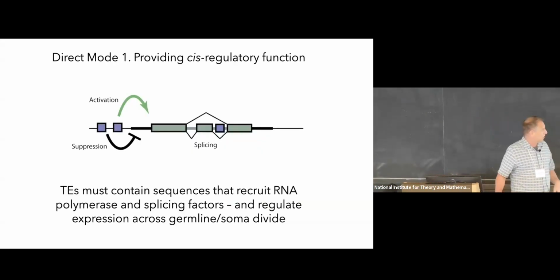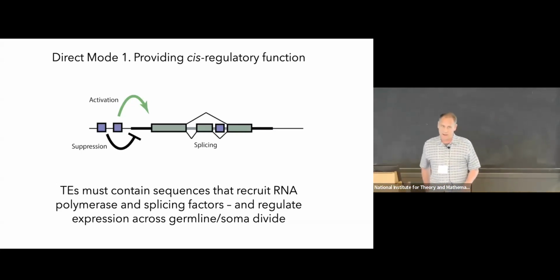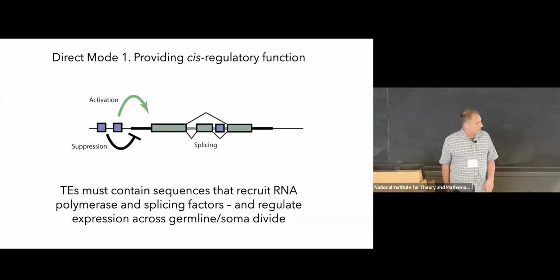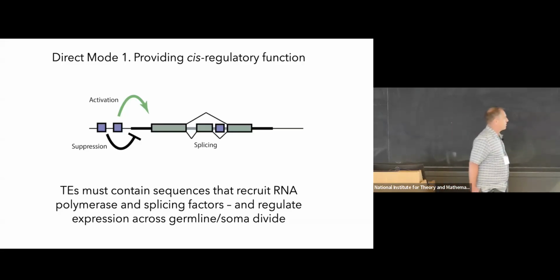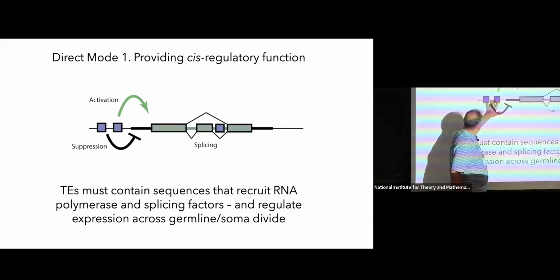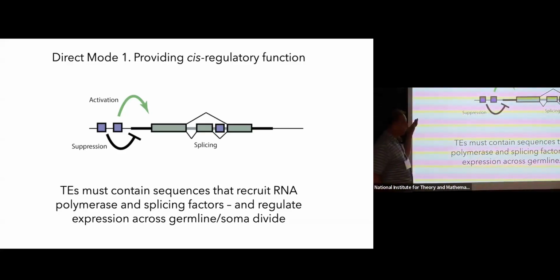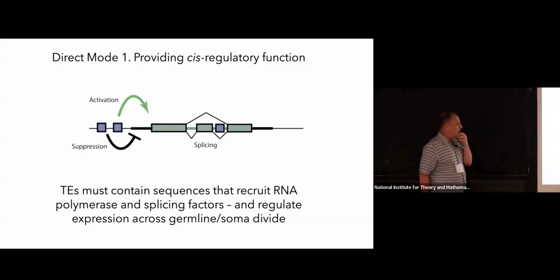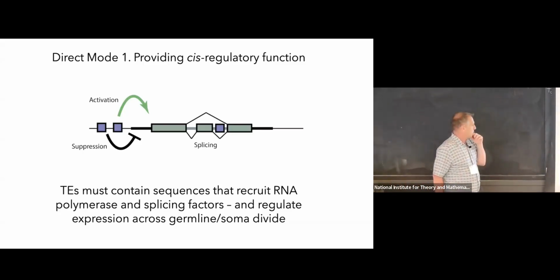We actually heard a little bit about potential direct adaptation when Manisha gave the talk this morning on maize. Transposable elements can provide really interesting fuel for cis-regulatory evolution. Here's a gene, and in blue I'll show these transposable element fragments. They could be DNA transposons or retrotransposons.